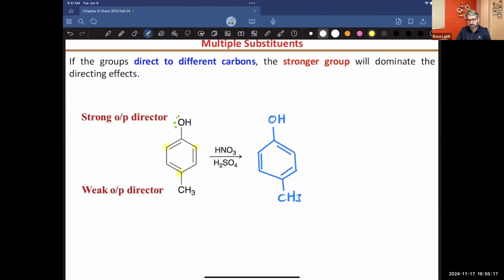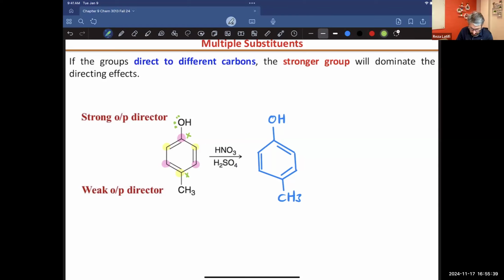Meta is already taken by the methyl, so it's not an option. The methyl group is favoring these two and the para position, which is taken by the hydroxide. So we can't have any addition in those two positions because they are taken by OH and the methyl.